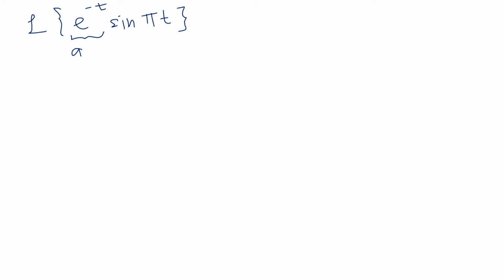Then we can know that a is minus 1, and sine pi t is the function g(t). So therefore, the Laplace of e^(minus t) sine pi t is equal to G(s plus 1).